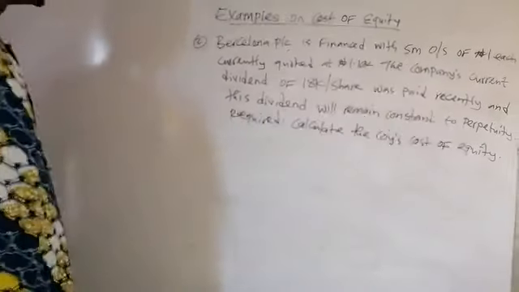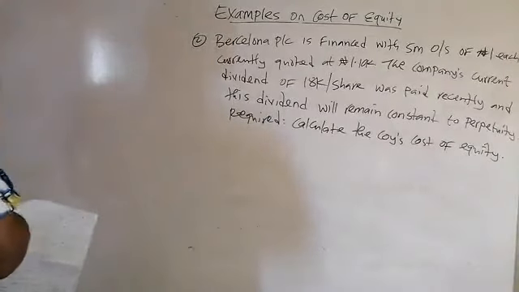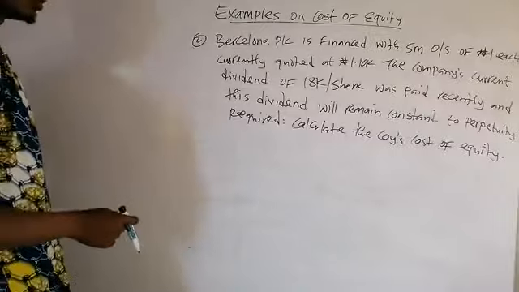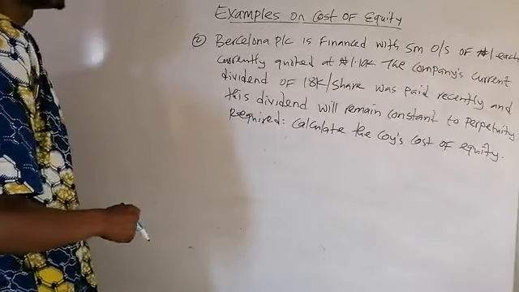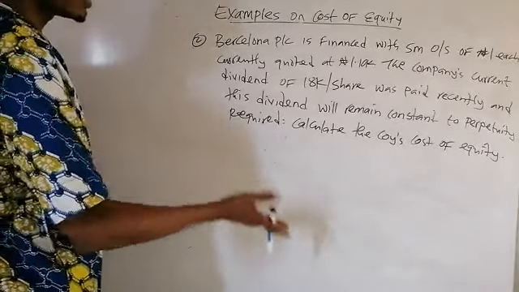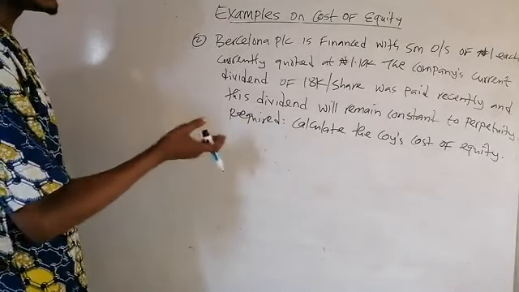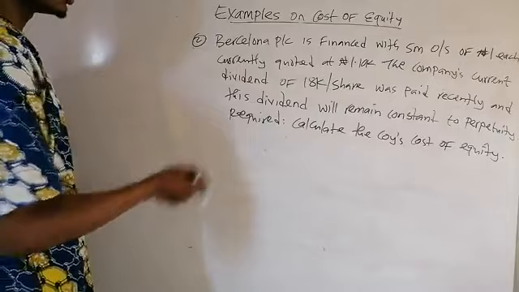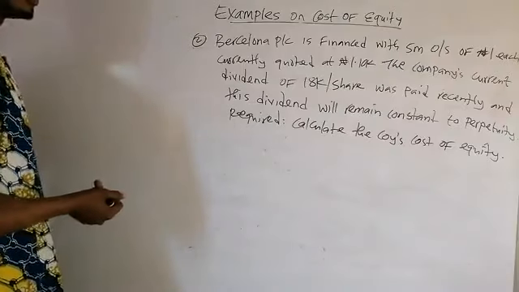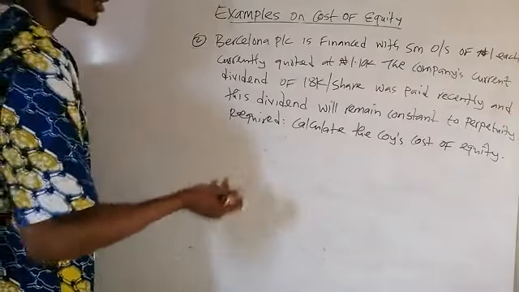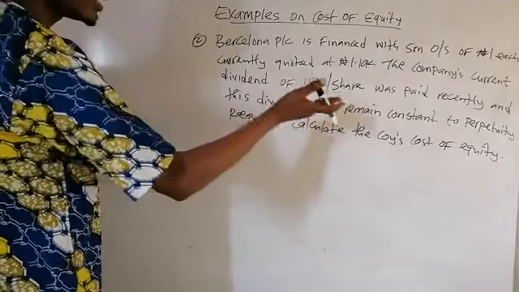Looking at this question, the first thing is for you to know your formula. We have said the formulas before, so which of the formulas are we going to use to solve this particular question? The first question to ask yourself is, is there growth in this question?